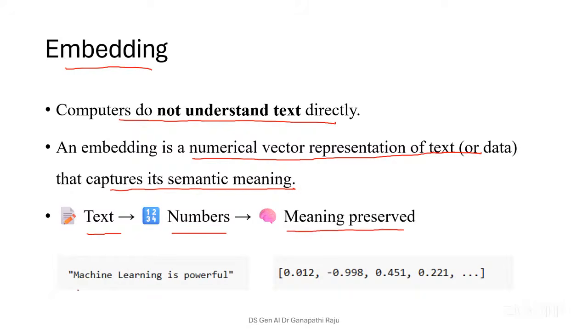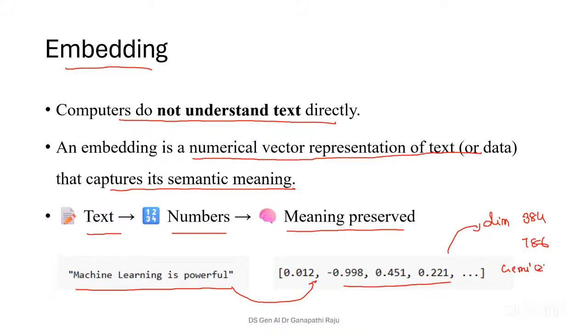For example, if I give the sentence "machine learning is powerful", it will be converted into high dimensional numerical data. This dimension is decided by the embedding model. Sometimes the dimensions will be 384 or 768 vectors, but if I use Gemini embeddings, it can give up to 3000 columns in width. Can you respond, Amma?